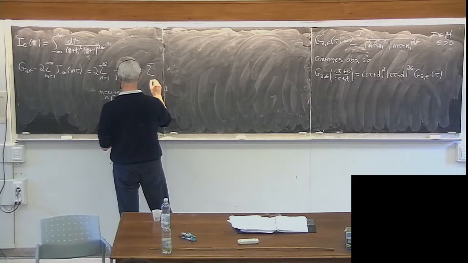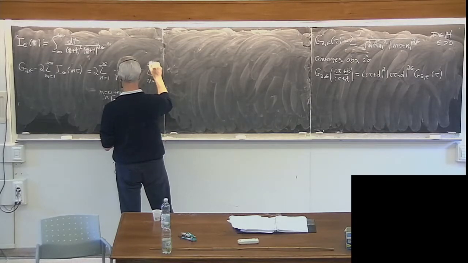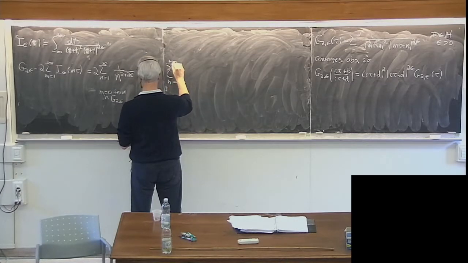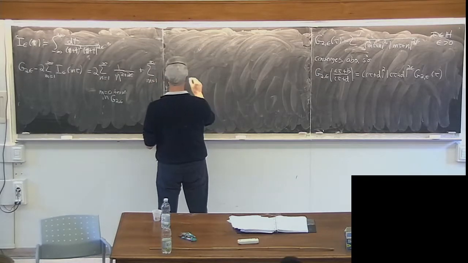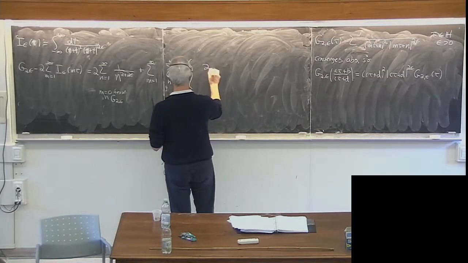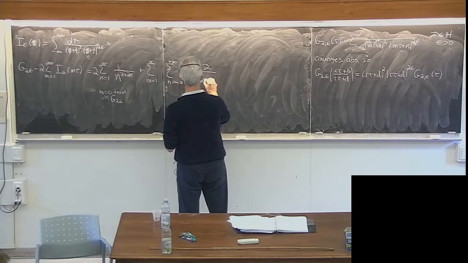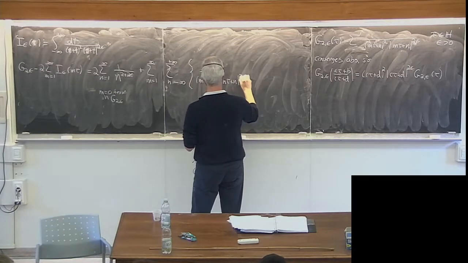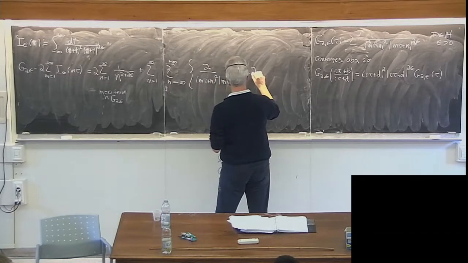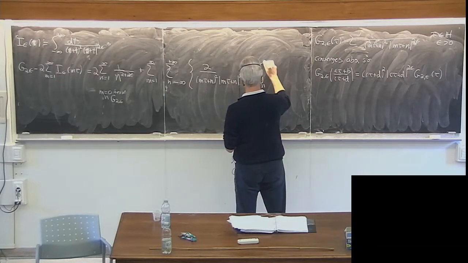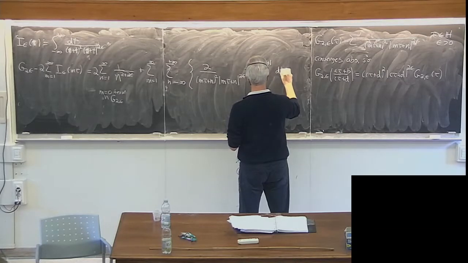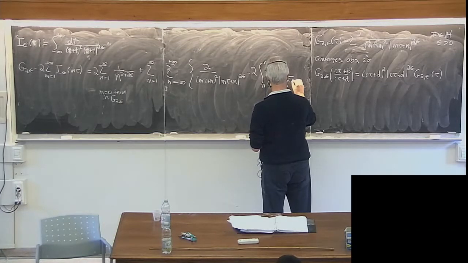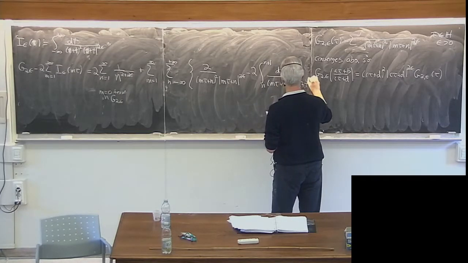Plus a sum m equals 1 to infinity, a sum n equals minus infinity to plus infinity of 2 over (m tau plus n) squared, (m tau plus n) to the 2 epsilon, minus twice the integral from n to n plus 1 dt over (m tau plus t) squared, (m tau plus t) to the 2 epsilon.